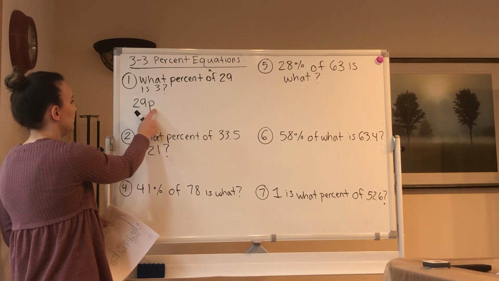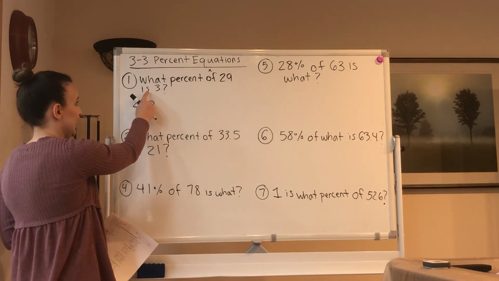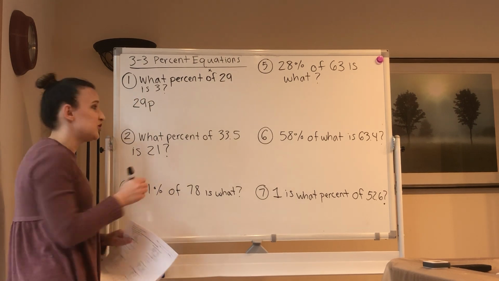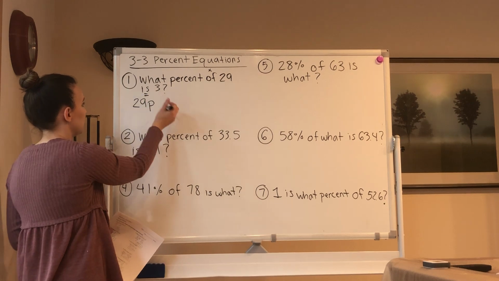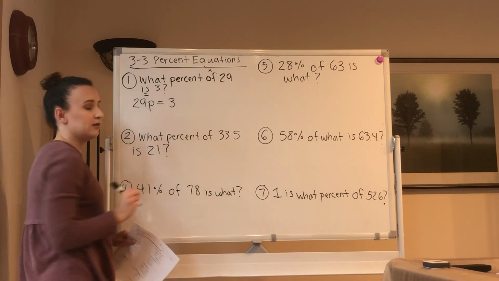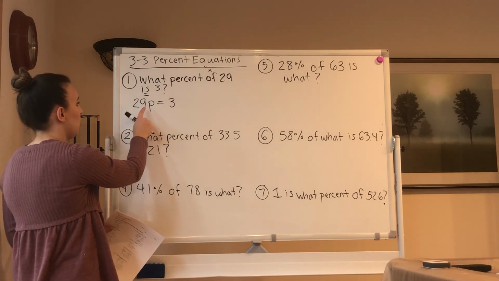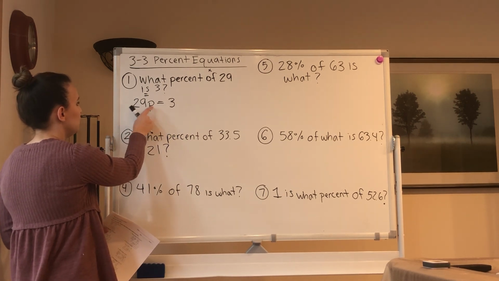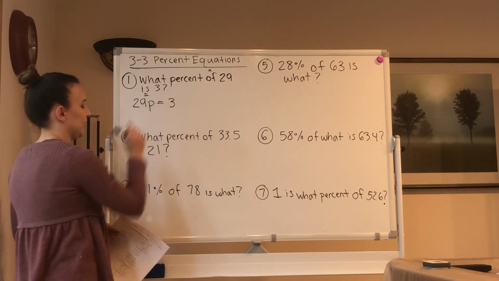What percent of 29? I'm multiplying these two things together. Is, when you see is, you want to think equals. Is 3, so equals 3. And that's your equation. 29p equals 3. What percent of 29, multiply them together, is 3.